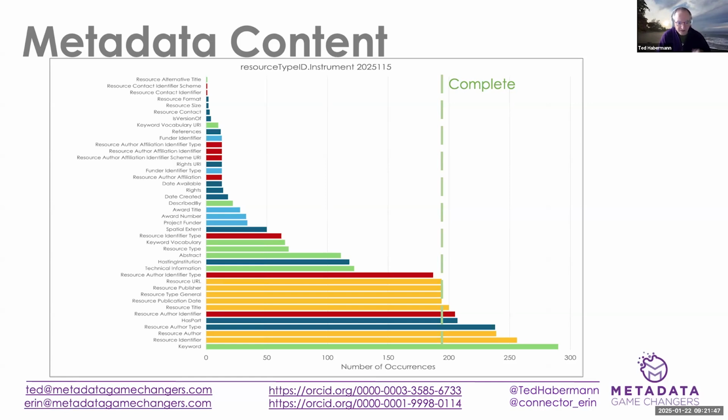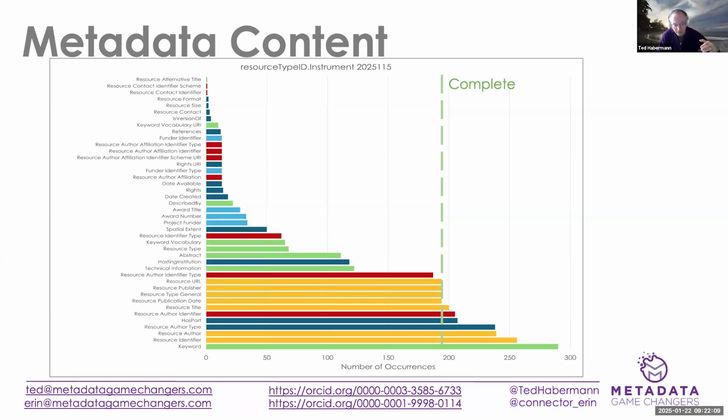So the fact that the URL, the landing page, or the publisher, or the resource type general that we talked about, or the publication date, the fact that those yellow elements are complete is because they're mandatory. They must be there to get the metadata in.